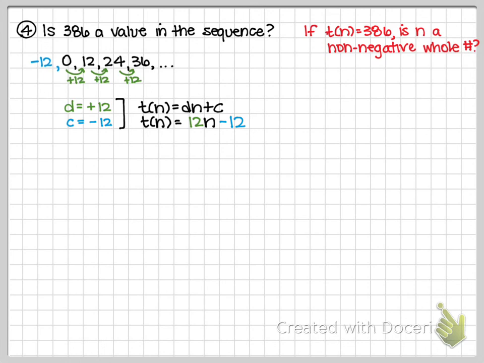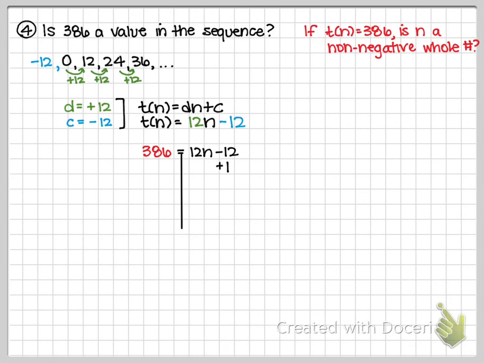Okay, well, let's test it out. So we're going to take that number that was given to us, that 386, and I'm going to plug it in for t of n. I'm going to drop everything else down, and I'm going to solve for n. So let's just see what happens.